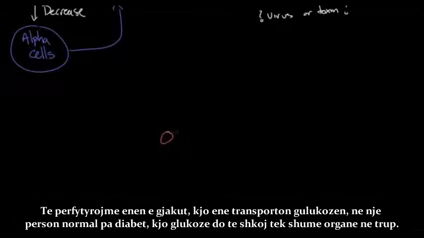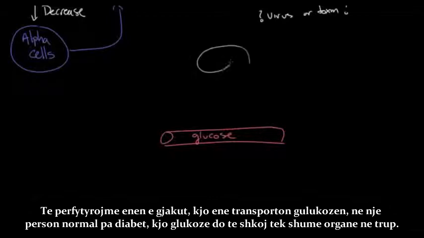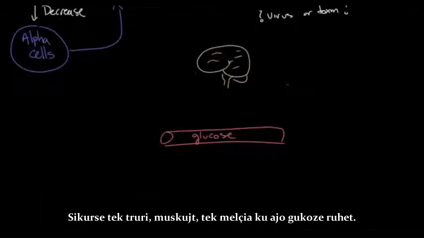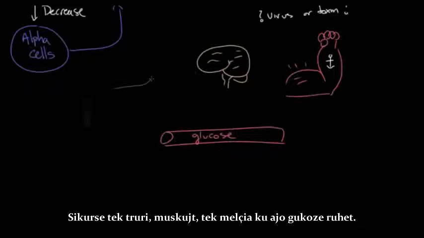All right, so imagine a blood vessel here, and this blood vessel is transporting glucose. And in a normal individual without diabetes, this glucose is going to go to lots of different organs in the body, such as the brain and the muscles, and maybe give them a little Popeye tattoo for good measure, as well as the liver, where that glucose can be stored.